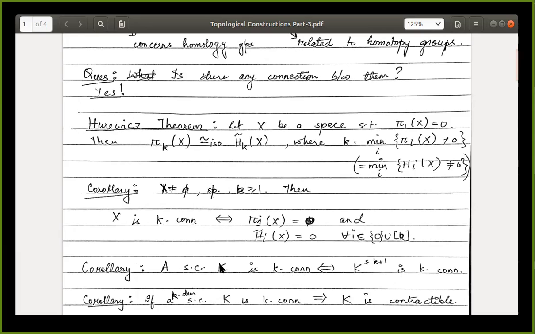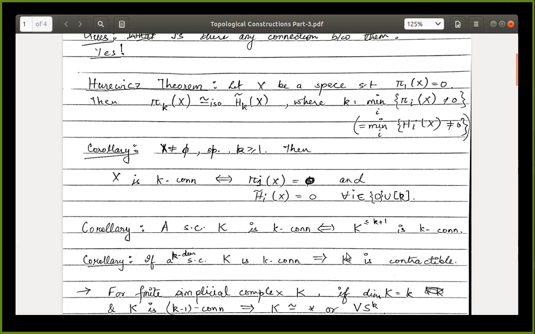Okay, so for a simplicial complex, this is another nice thing. You don't have to look at the entire simplicial complex, just take this part of it and compute the k-connectedness. Another corollary is, if you have a k-dimensional simplicial complex and it is k-connected, then it is contractible. Why?